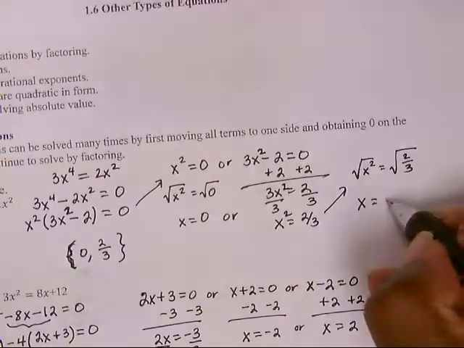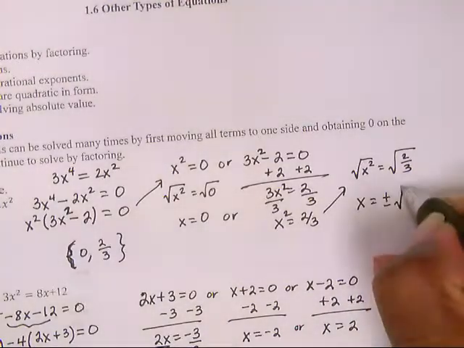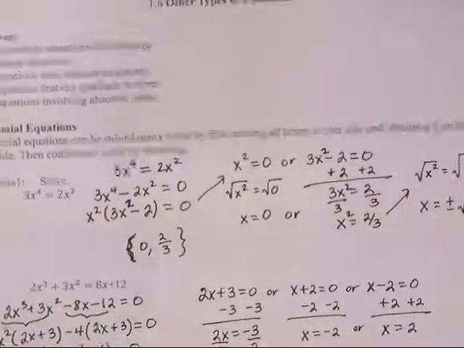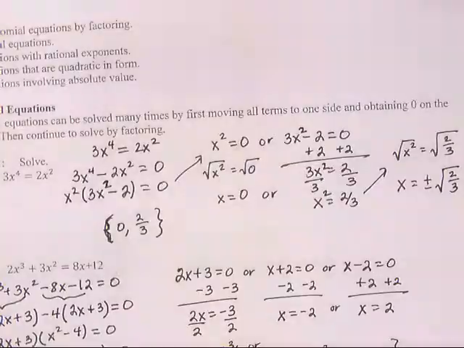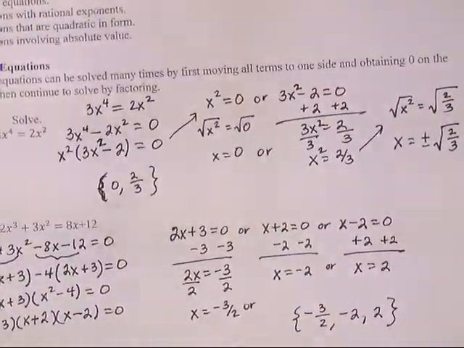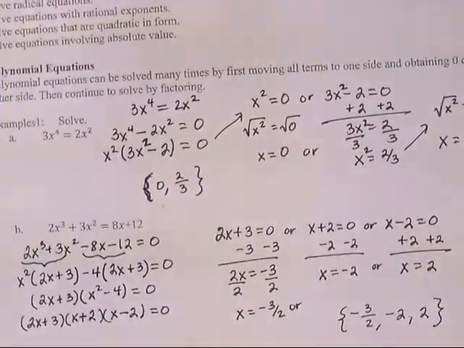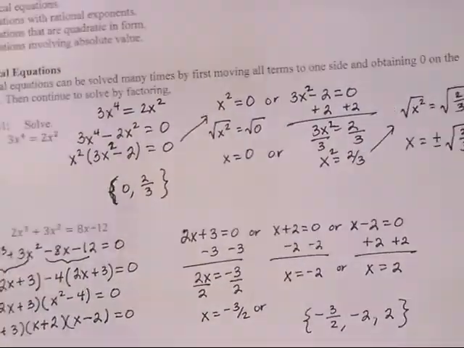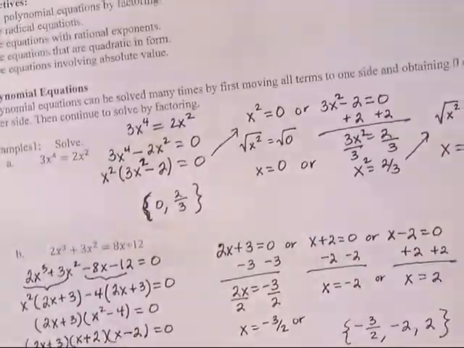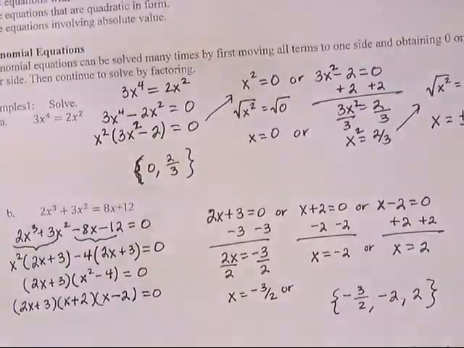That would mean x is equal to plus or minus the square root of 2/3. Okay. So that's pretty much a mistake on my part on that part A. But this side you will solve polynomial equations.